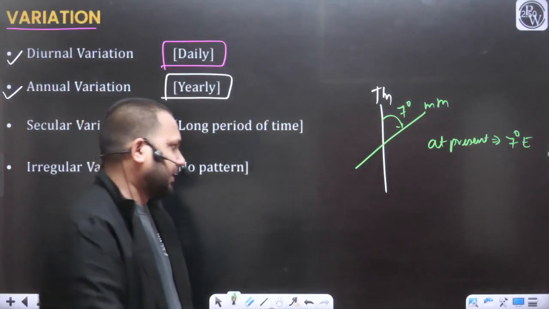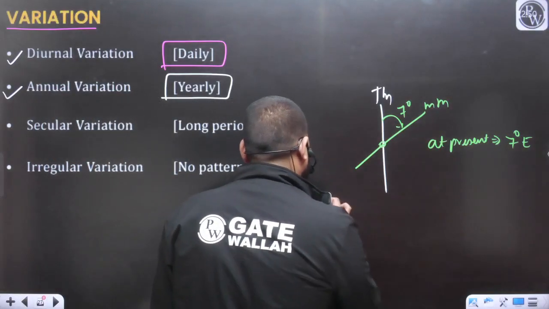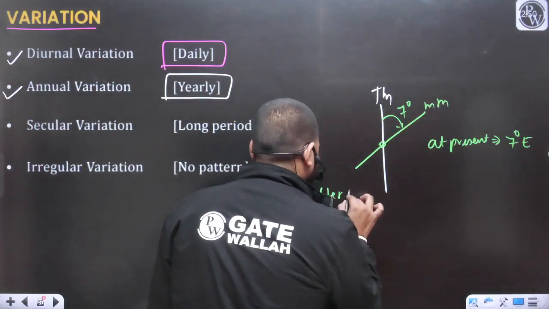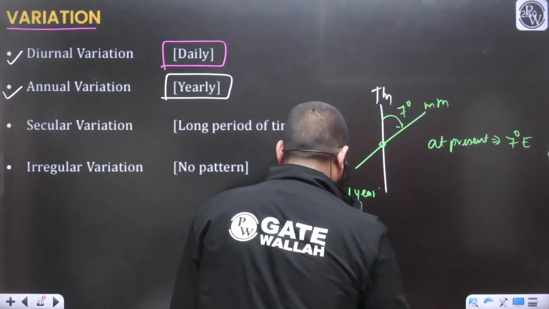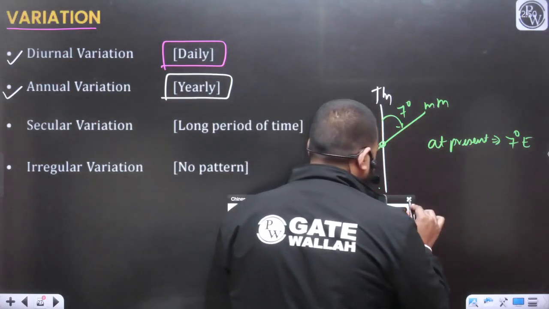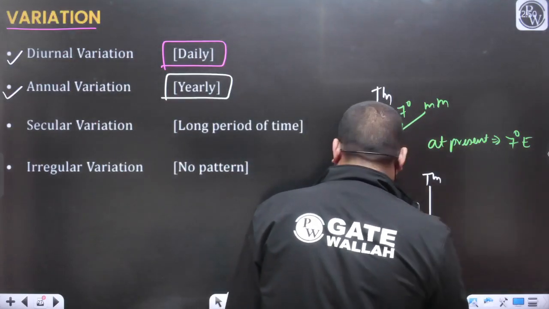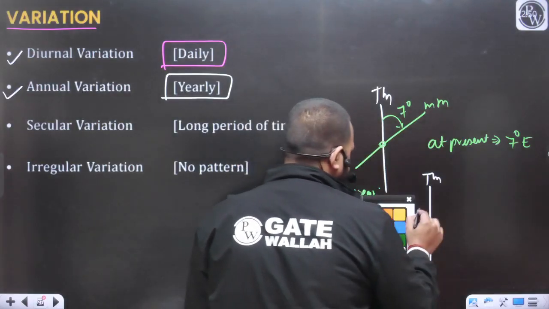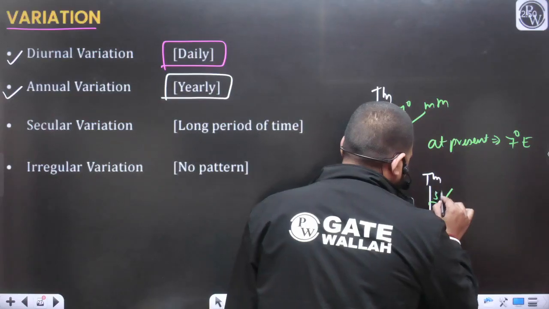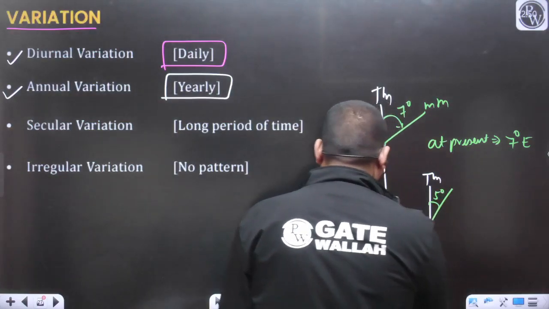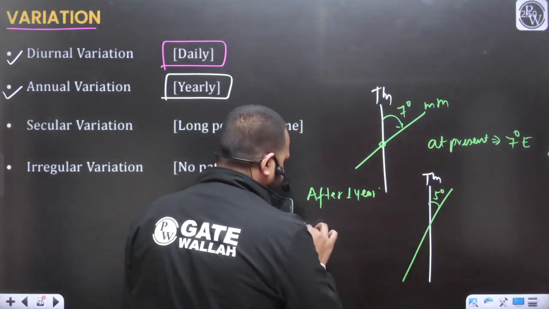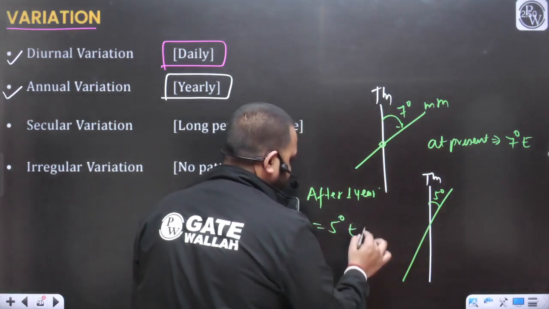Let's say after 1 year, for the same place, this is the position of the true meridian and this is the position of the magnetic meridian. Now this angle is 5 degrees. So after 1 year, the magnetic declination is going to be 5 degrees east.